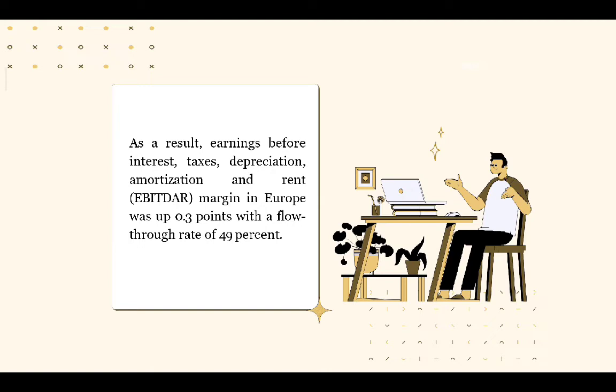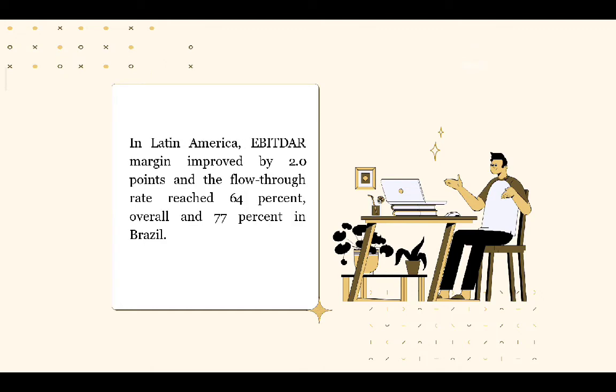As a result, earnings before interest, taxes, depreciation, amortization, and rent, or EBITDA margin, in Europe was up 0.3 points with a flow-through rate of 49%.